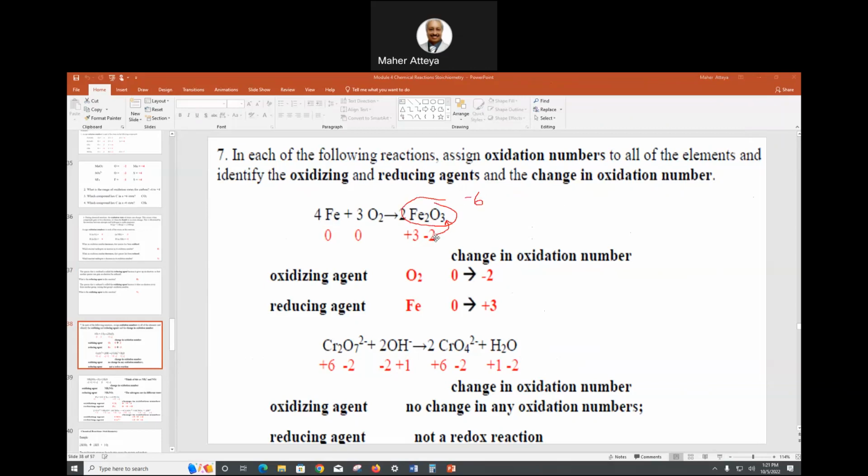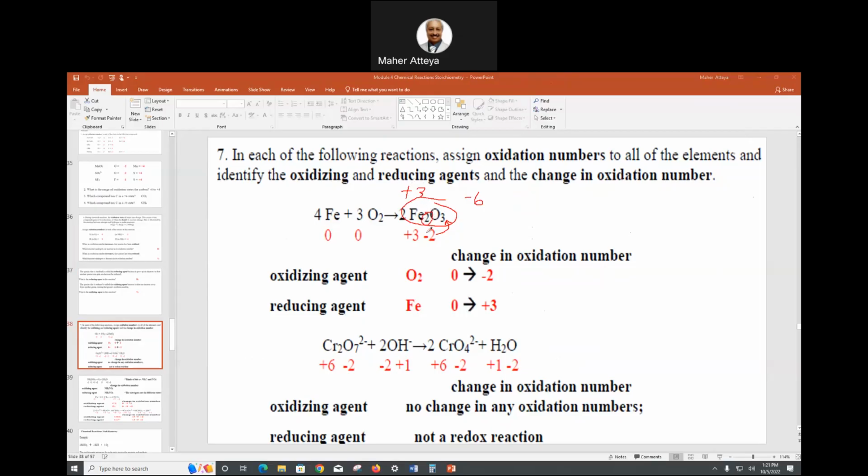Like hydrogen, always +1, except when it's connected to a metal. So this is -6. But you have here 2 of what? 2 of iron. Don't worry about the minus. The metal is always positive. They can't be negative.